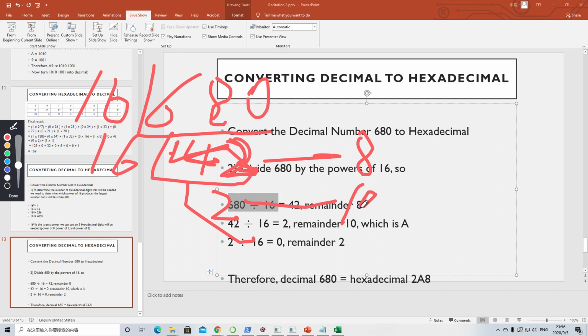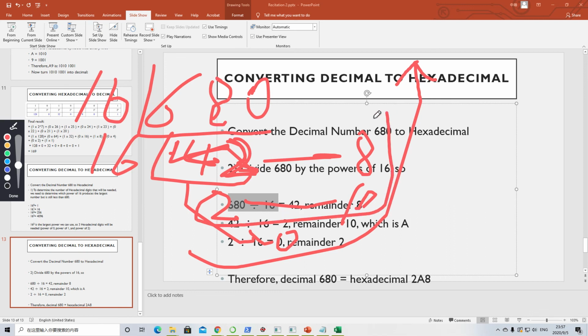All right. And we collect the remainder, because 1 obviously cannot be divided by 16, so it's going to be 0. We collect from the bottom to the top, which is 2, 10, 8.